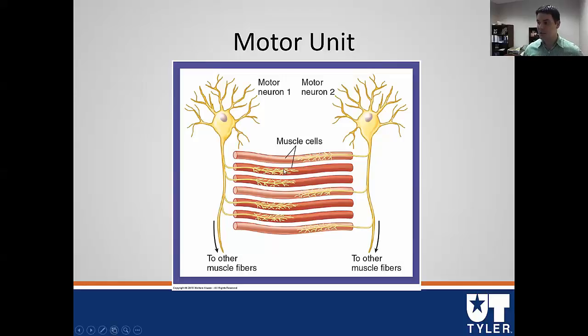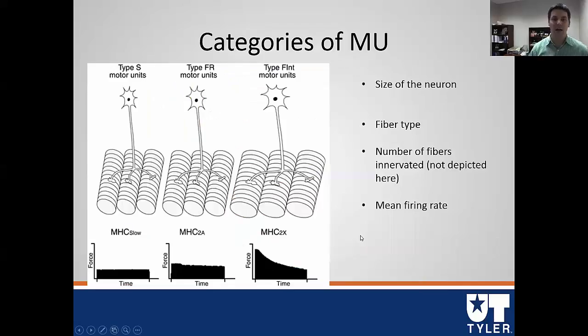And so what they really show here is that all muscle fibers innervated by this alpha motor neuron are red, whereas the 3 muscle fibers innervated by this motor neuron are all white. And that is very critical.